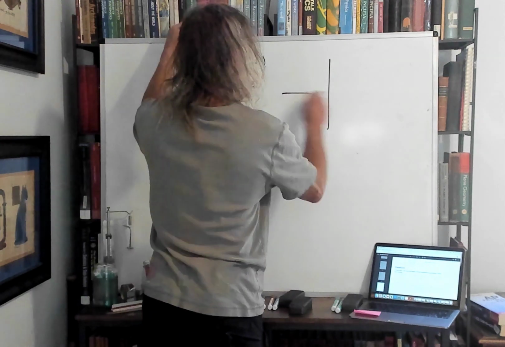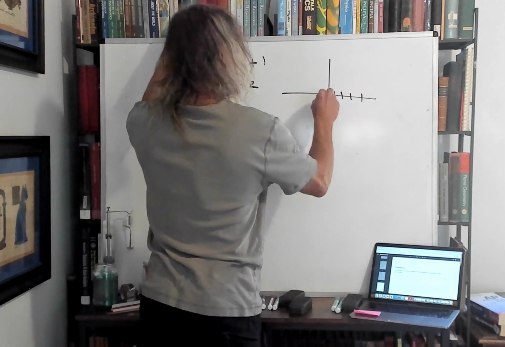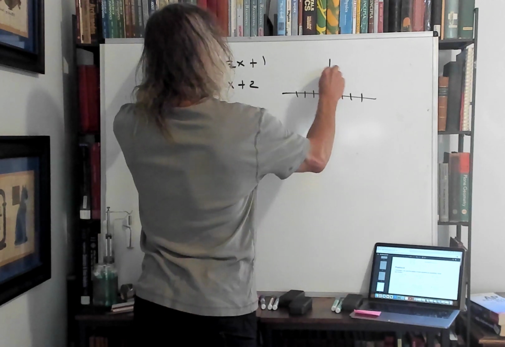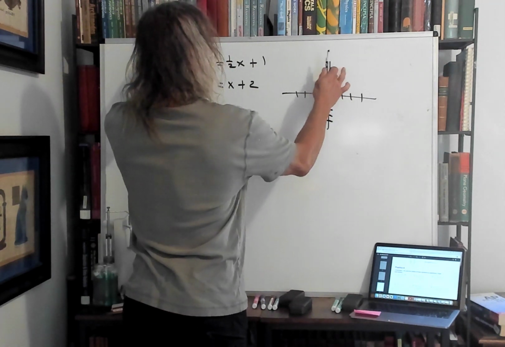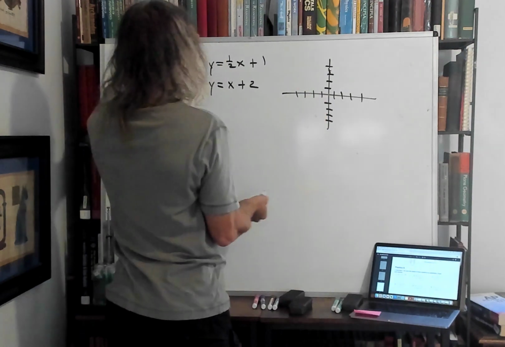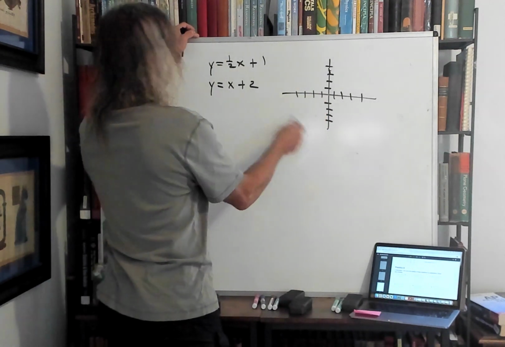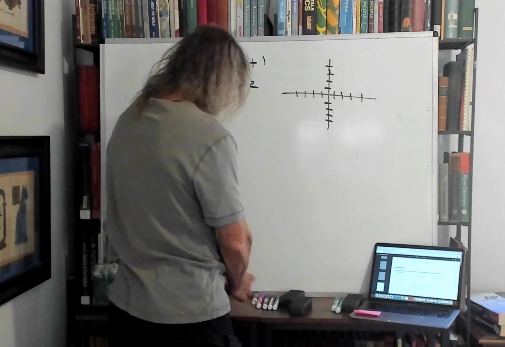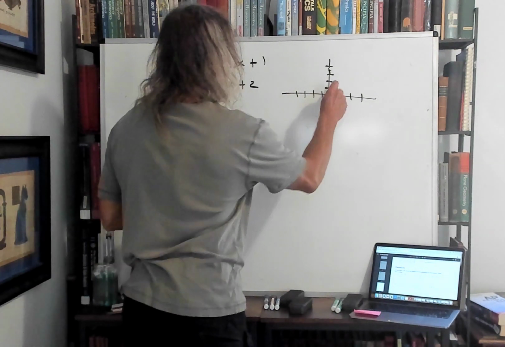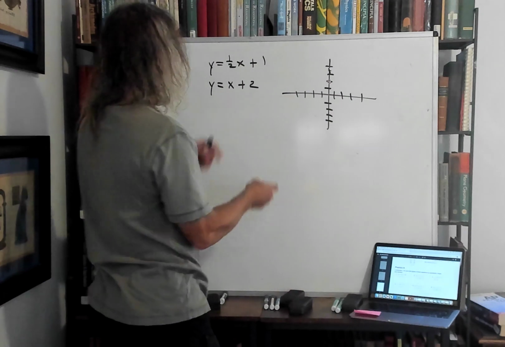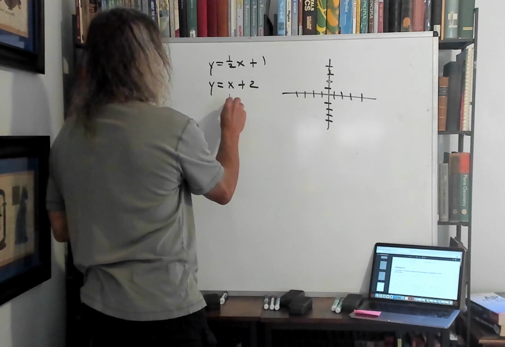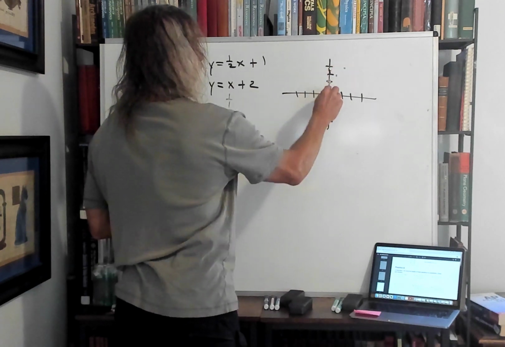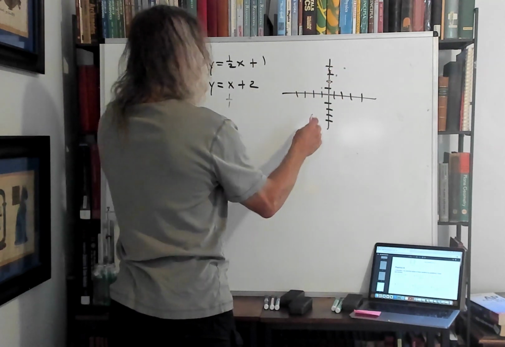So 1, 2, 3, 4 on each axis. And so this one, x plus 2, the y-intercept is 2. Use a different color. Slope is 1, 1 over 1. So up 1 over 1. Up 1 over 1. Down 1 over 1.